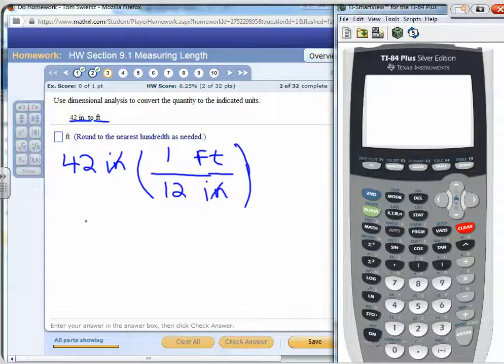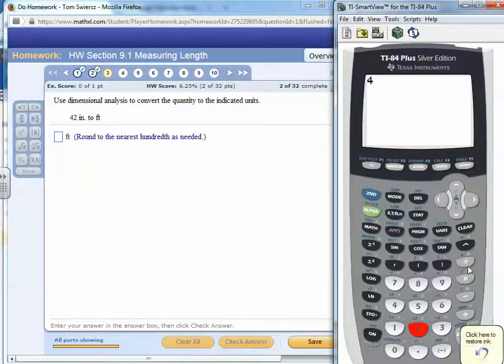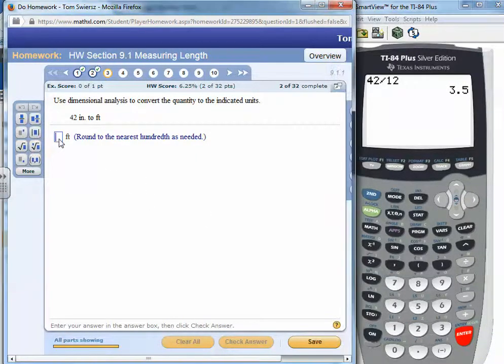Okay, so it's going to be a division because the 12's in the denominator. So we'll do 42 divided by 12 on our calculator and get 3.5 feet.